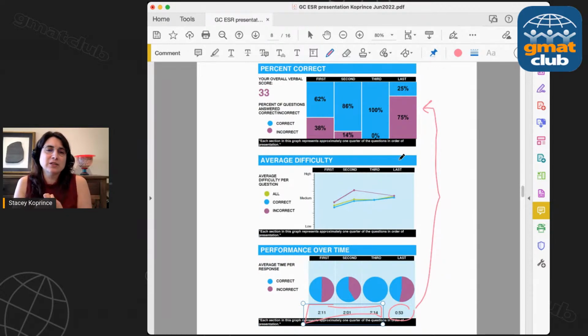For example, a lot of my students are not fans of full sentence underlines on sentence correction. Or a lot of my students are not fans of hard science topics like astronomy. If they see things like that, they know they're going to start speeding up or bailing on some of the questions.